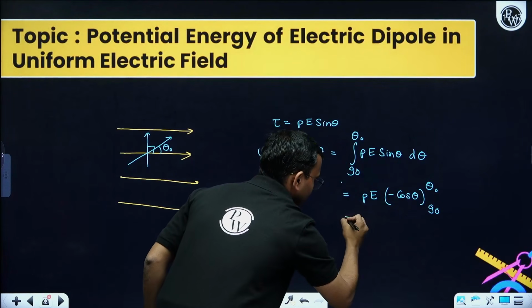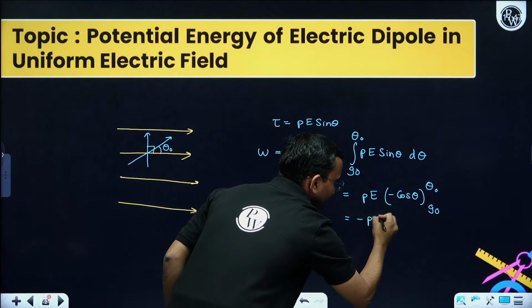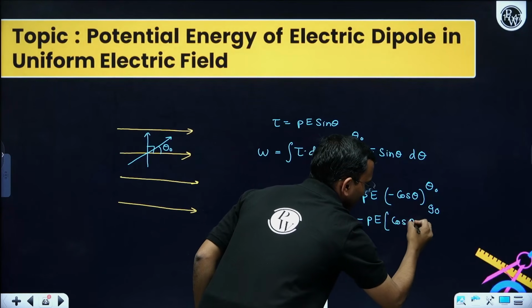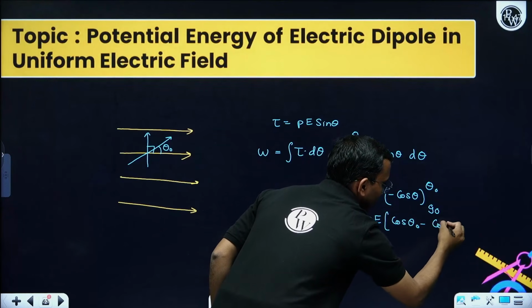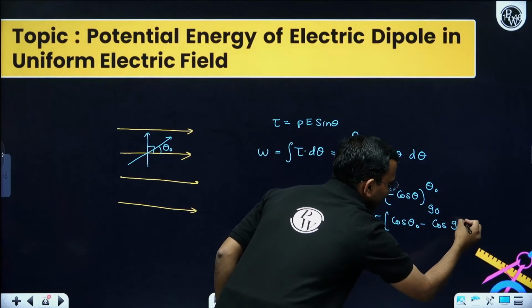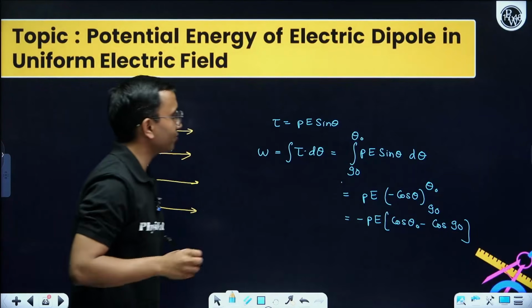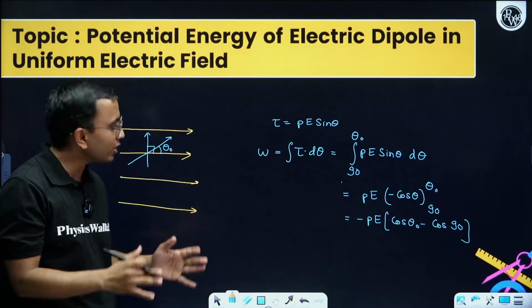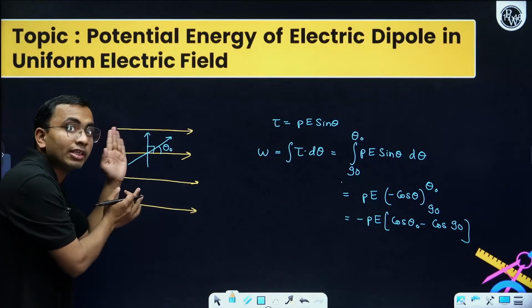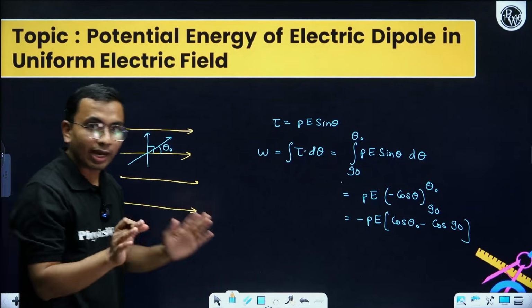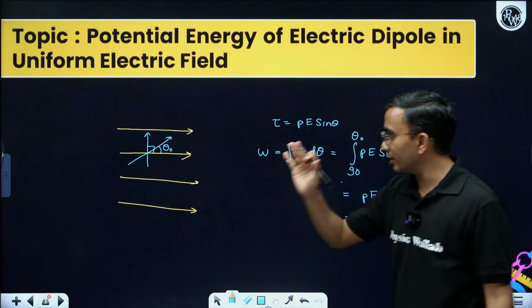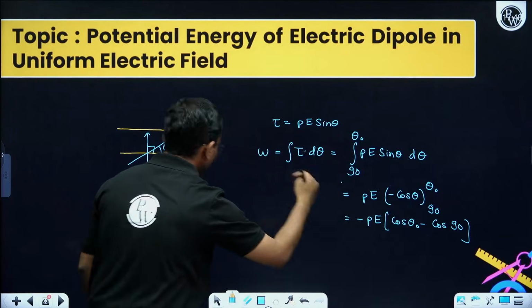So this becomes minus PE times cos theta naught minus cos 90. And where is this work going? This work is stored in the potential energy, because I am rotating very slowly. There is no gain in kinetic energy. So this is equal to the change in potential energy.